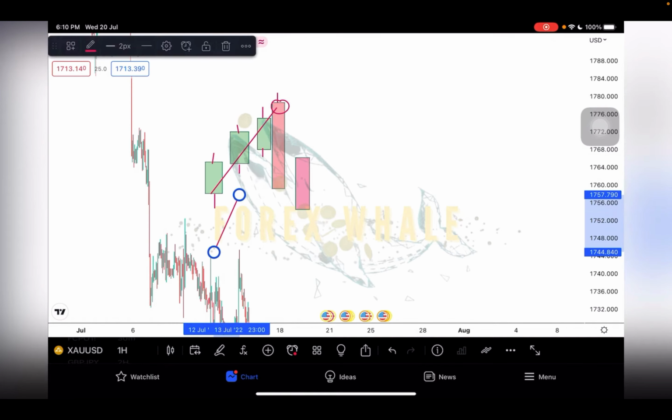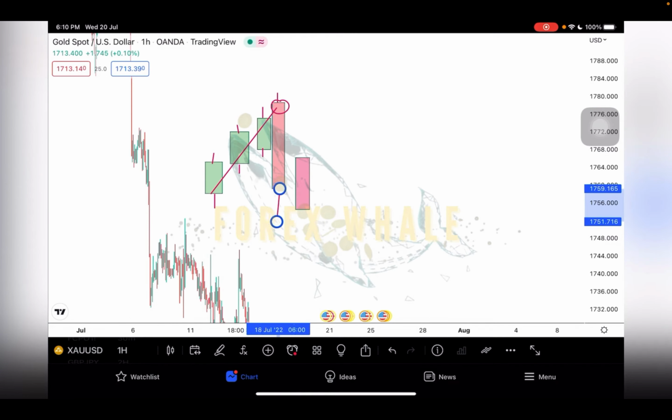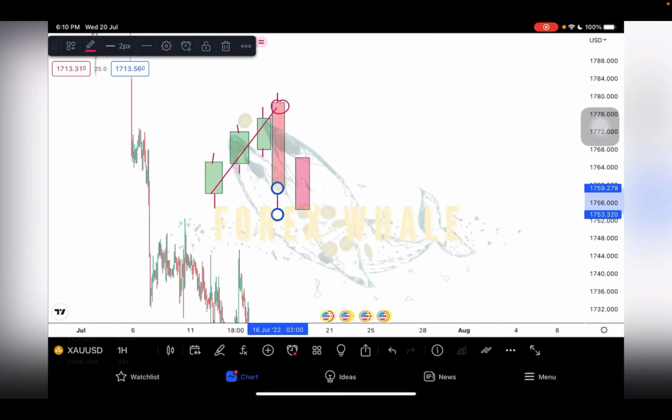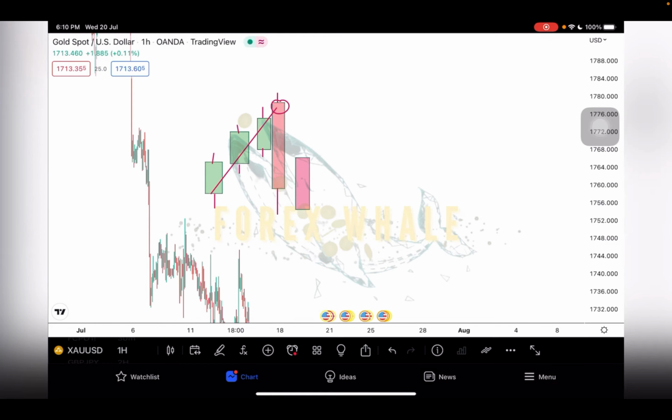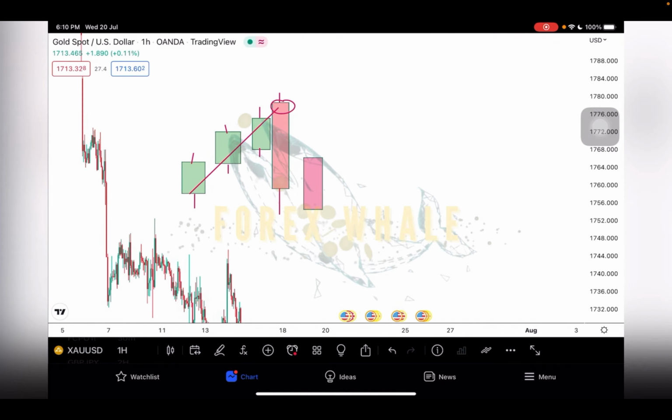Okay, so this is a sign that it is a very strong engulfing candlestick. Very simple. So you can draw this in your notes and look at it over and over again. And now it is our job to locate this kind of formation.